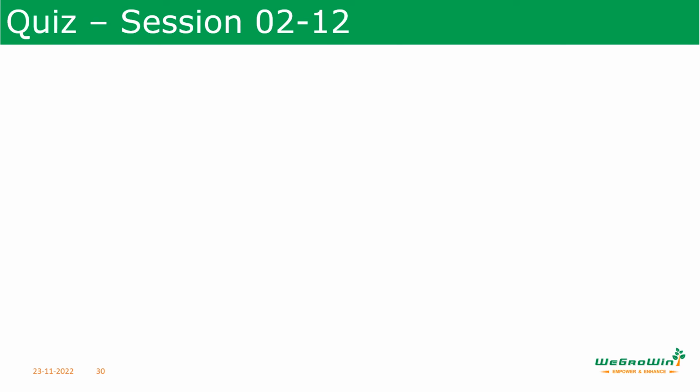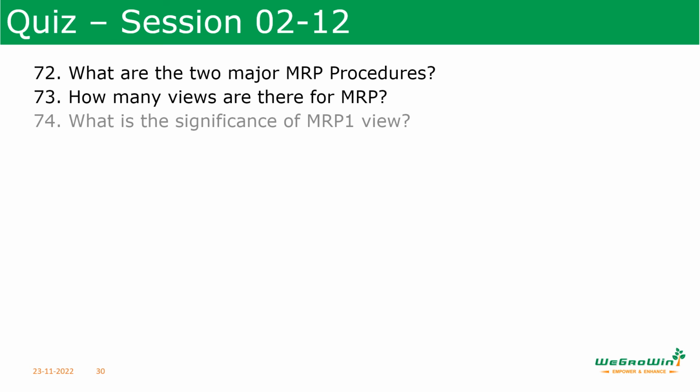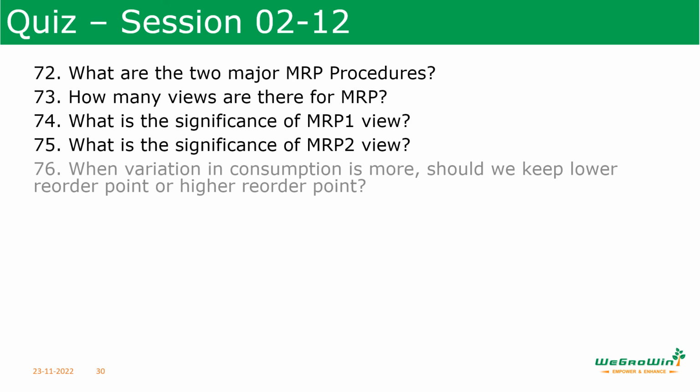So now let us see the quiz for this session. What are the two major MRP procedures? How many views are there for MRP? What is the significance of MRP1 view? What is the significance of MRP2 view? When variation in consumption is more, should we keep lower reorder point or higher reorder point?